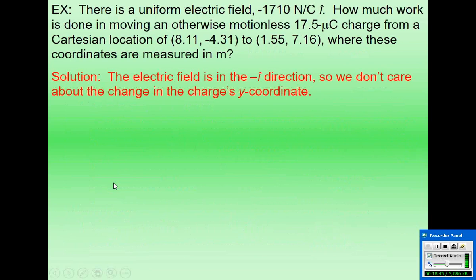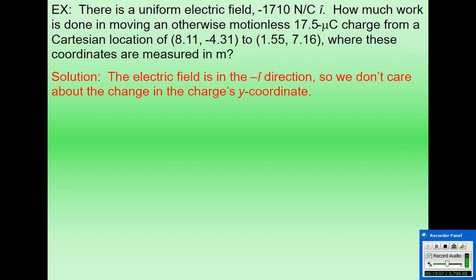Let's take a look at some examples. Let's suppose we have a uniform electric field, and it's equal to negative 1,710 newtons per coulomb. Then you see this i hat, and i hat is an engineer's notation for saying x hat, or along the x direction.